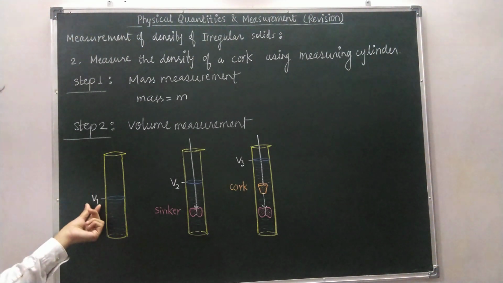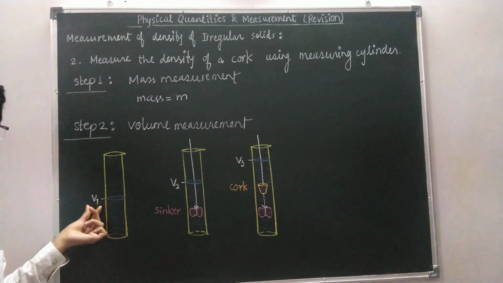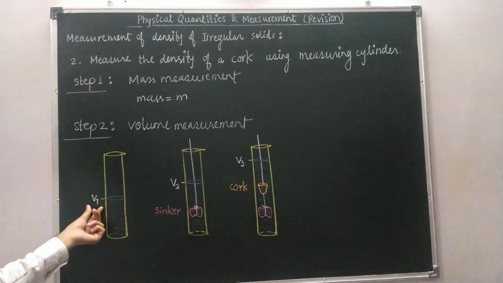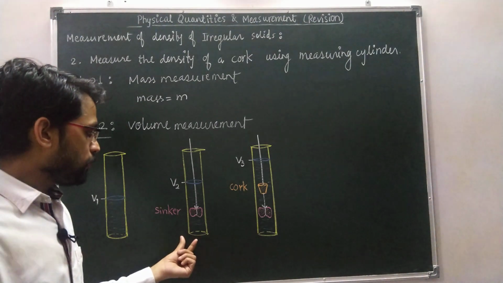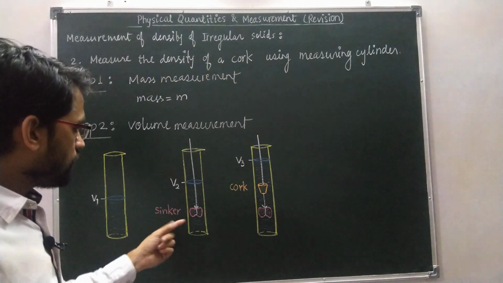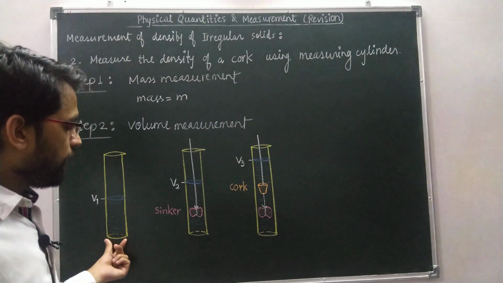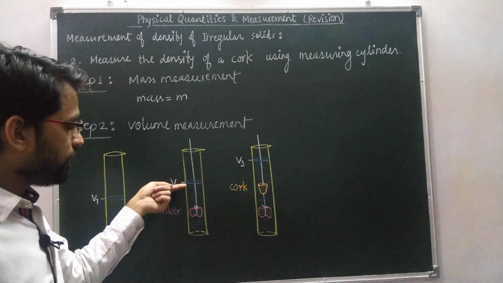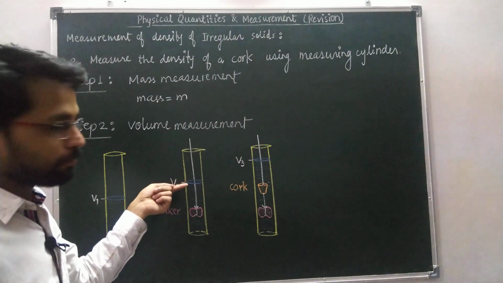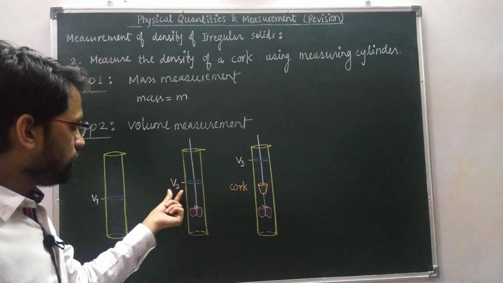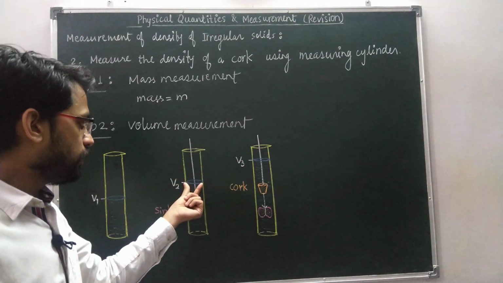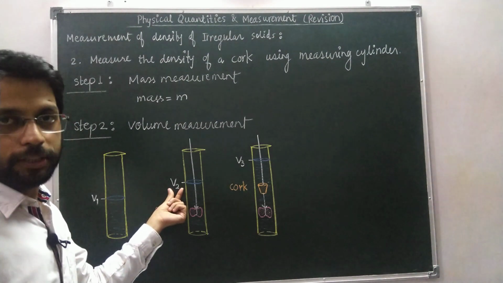Say the volume of the liquid is V1. Now in the second step we immerse the sinker into the liquid, due to which the liquid level rises up, and the new volume of the liquid is V2.